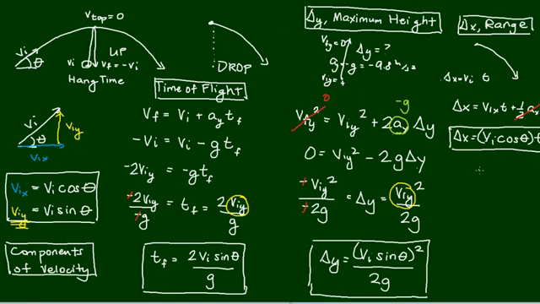Well, time of flight, we know, is equal to this. So if this is time of flight, we also know that that's equal to this formula over here. So we can substitute that to get delta x is equal to vi cosine of theta, and we can get this entire thing to be vi sine of theta over g.